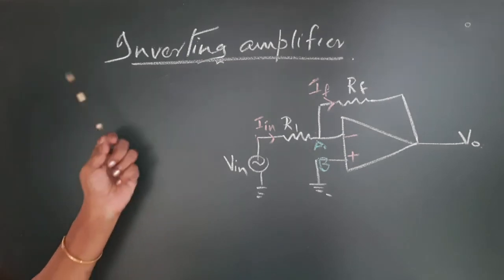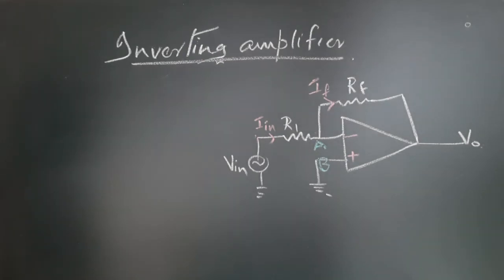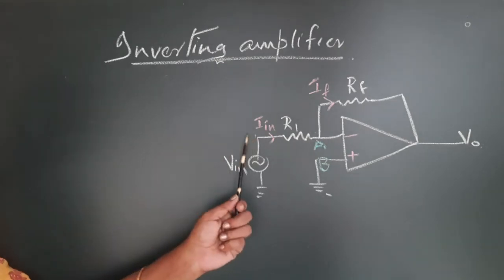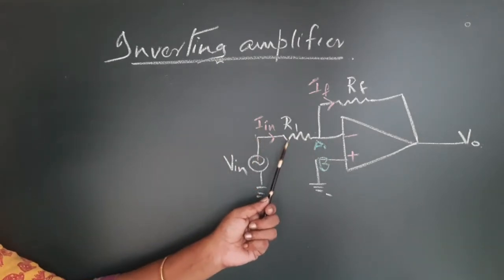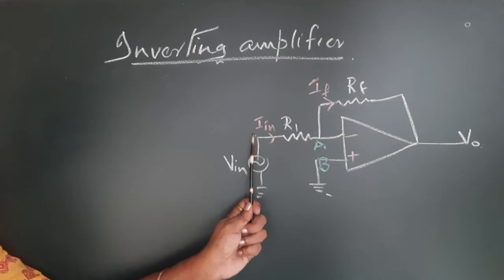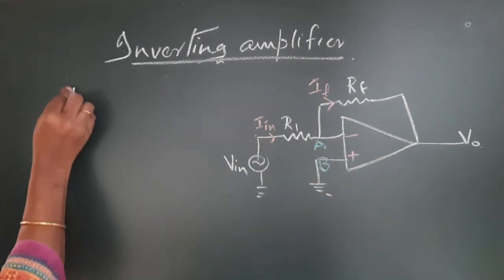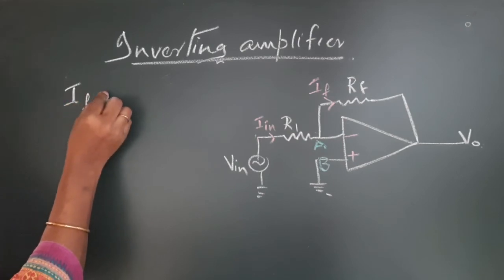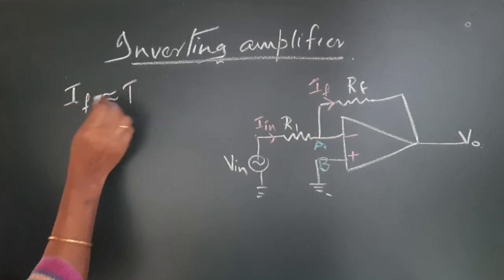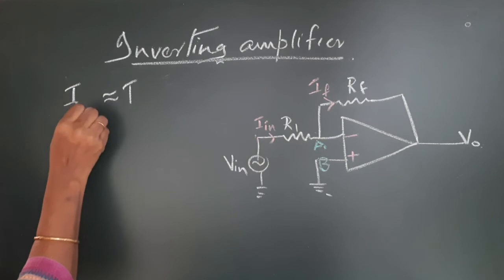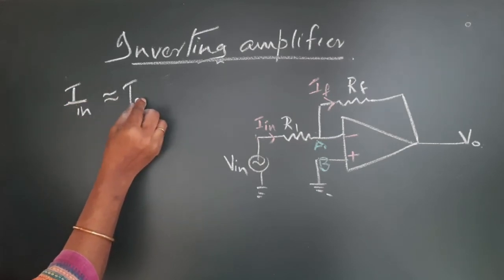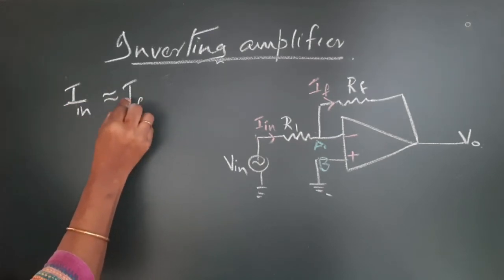Now, let us understand this inverting amplifier in detail. How can I write this current Iin? We have understood that Iin is equal to IF. So, this is the basic principle behind all the operations of op-amp. Iin is almost equal to IF.